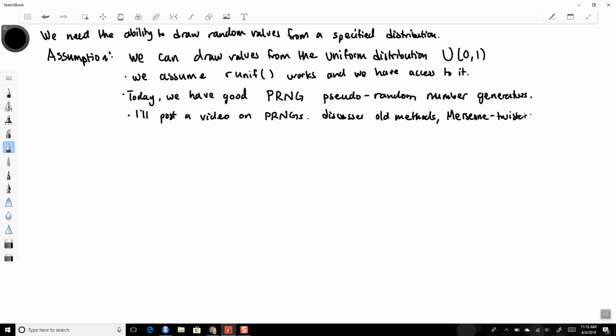But the Mersenne twister is beyond the scope of the course. I don't fully understand how it works. It uses some 624-dimensional hypercube of values that it shifts. I don't quite get it, but we just know that it has passed this battery of tests that says, yeah, it seems like it's pretty good.